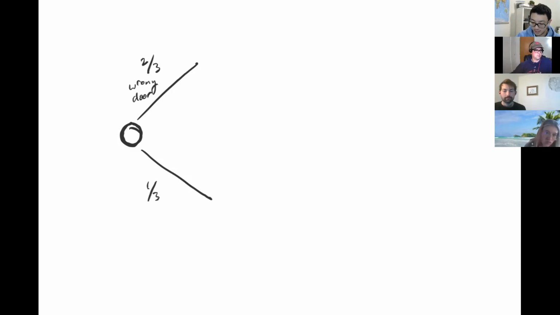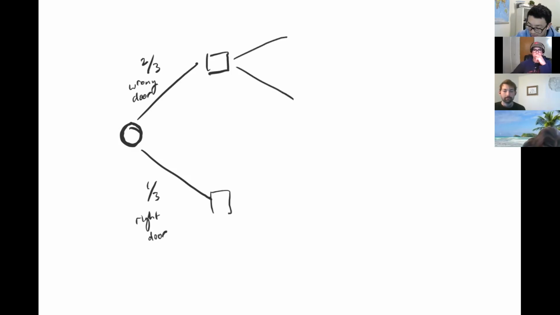So in this case, we're actually going to start with a decision node. And in the decision node, there is a 2/3 chance that you got the wrong door, right? And a 1/3 chance that you got the right door. And so you then can make a decision about whether or not you want to switch your door, or no switch.